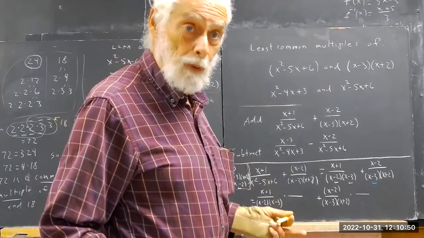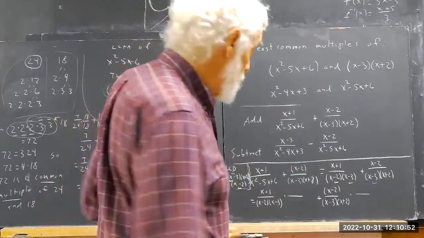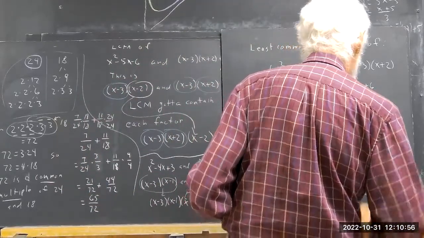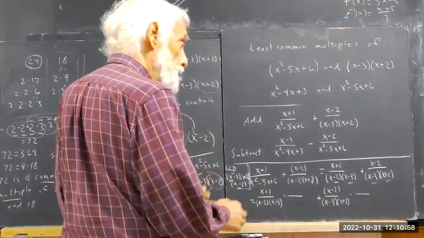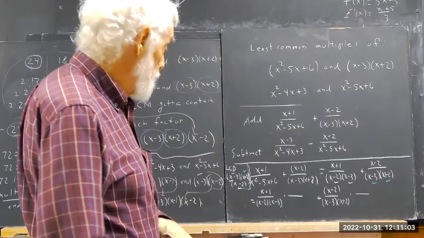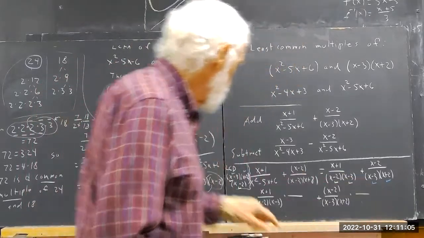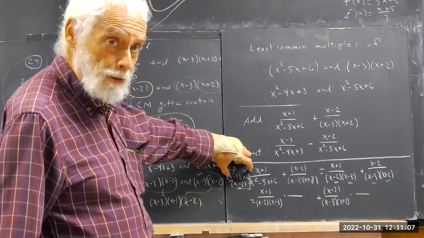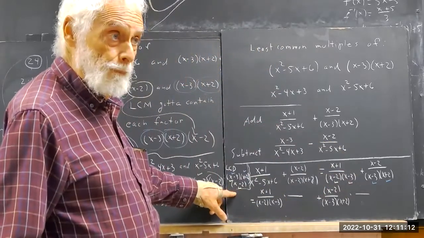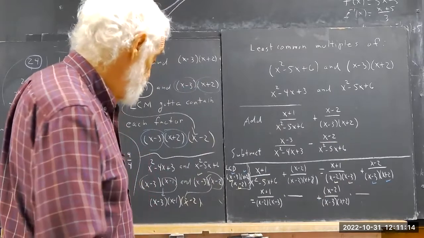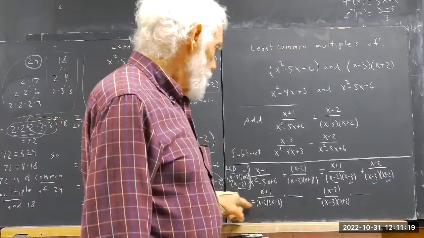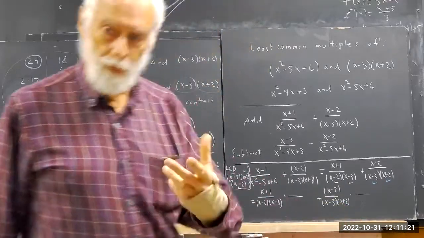Doesn't mean we've got to have it there twice. We're just going to have it there. And then x plus 2. We need x plus 2. We don't have x plus 2 until we write down x plus 2, right? So now we can see that both of these factors occur in this least common denominator, and both of these factors occur here. Okay. So what I'd like you to do is now complete this step. Show me what you get.